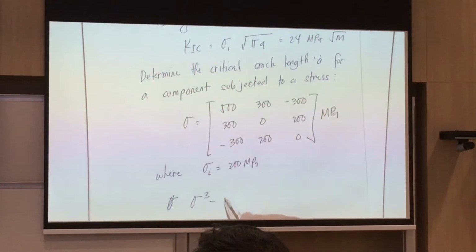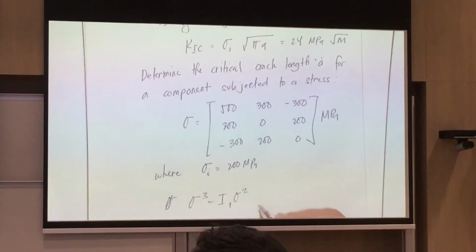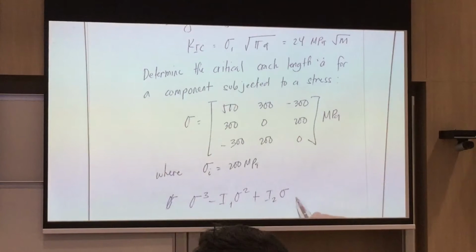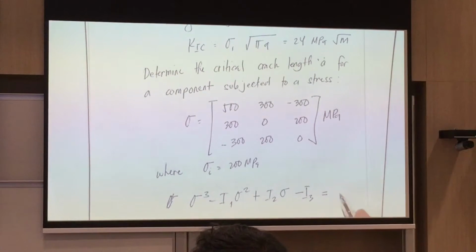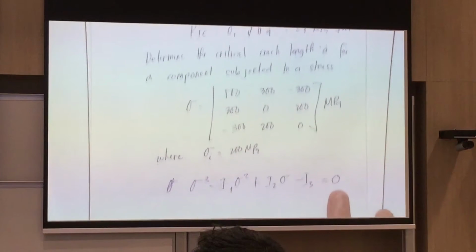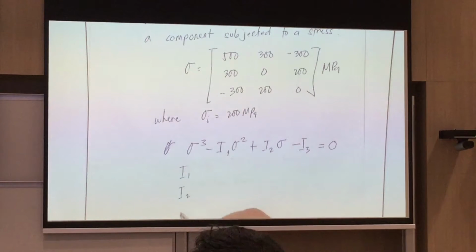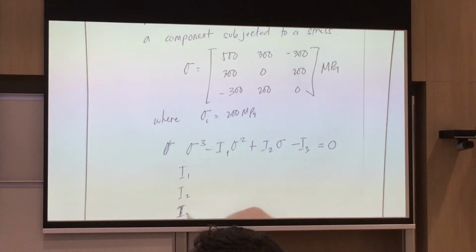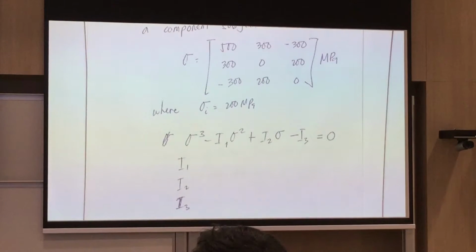Sigma cubed minus I1 sigma squared plus I2 sigma minus I3 equals 0. So you can now solve for I1, I2, I3. So what are I1, I2, and I3? These are invariants.